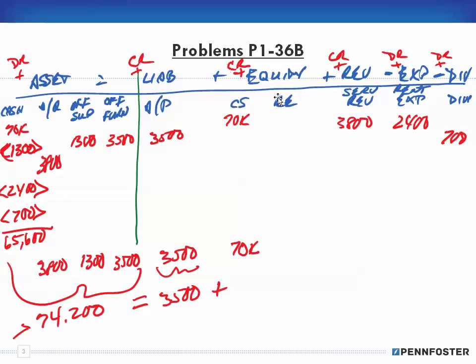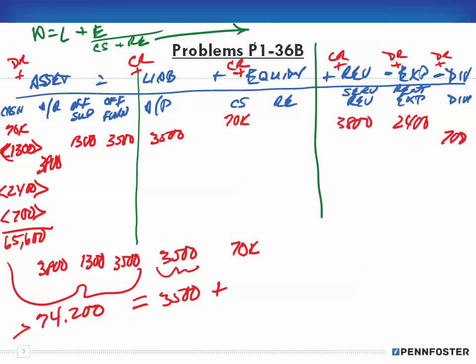Well, the only way we can figure out our equity is by figuring out our profit or loss, because we have to take those amounts and move them to our retained earnings account in order to figure out how much our total equity is. Let me make this in green. If you watched my other videos, you saw that I think in terms of assets equal to liabilities plus equity. For equity, we have common stock plus retained earnings.